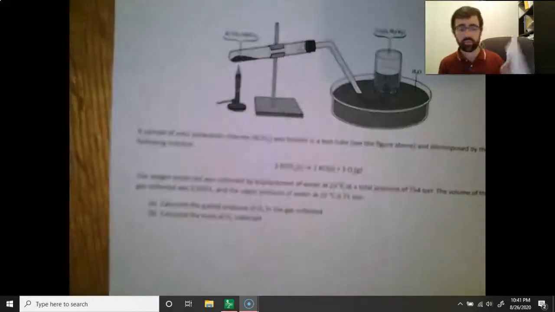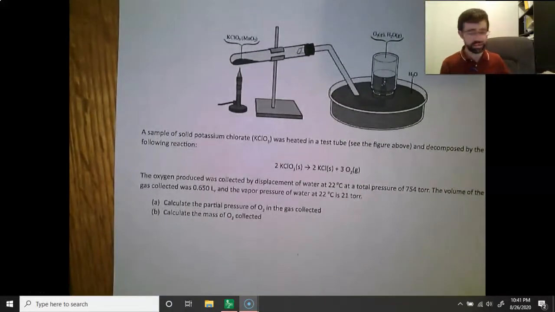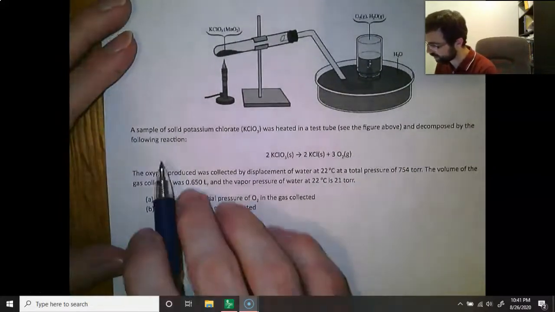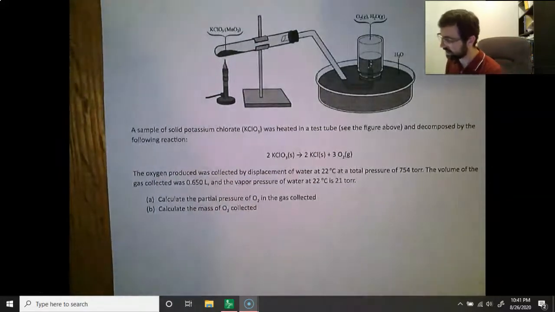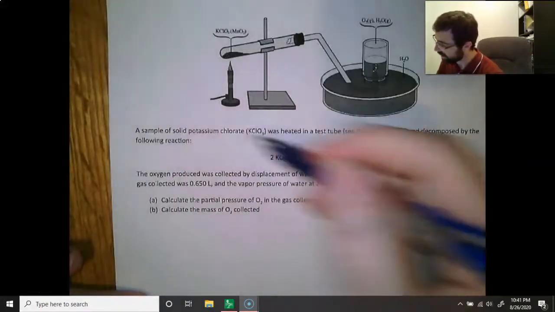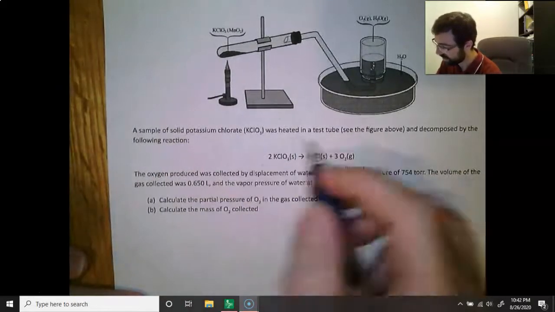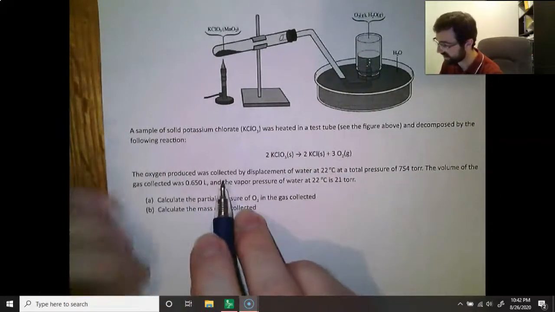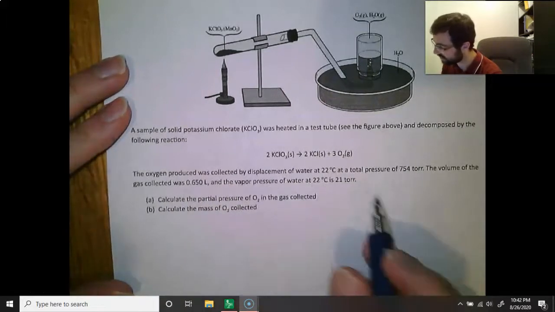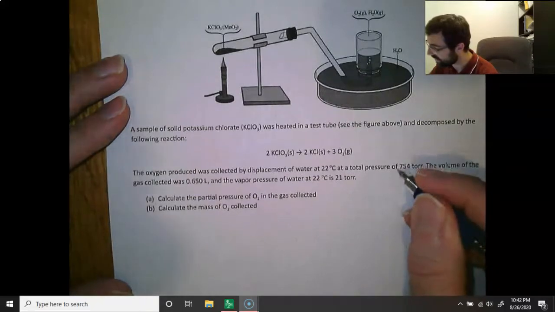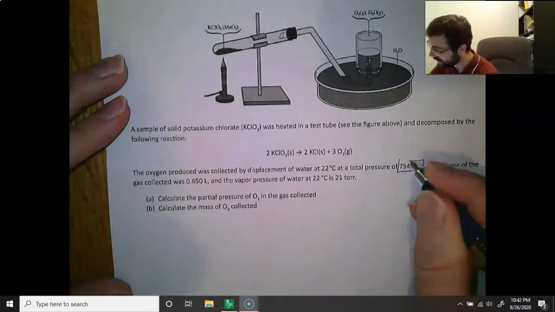All right, we got one practice problem based on this concept that we want to go over real quick. A sample of solid potassium chlorate was heated in a test tube. See the figure above. It was decomposed by the following reaction. It gives us this reaction. The oxygen produced was collected by displacement of water at 22 degrees Celsius and at a total pressure of 754 torr.